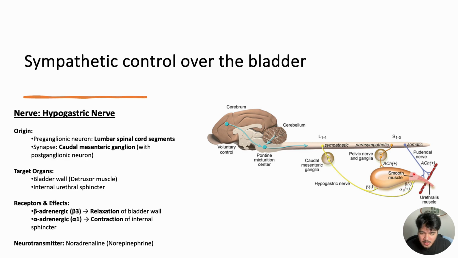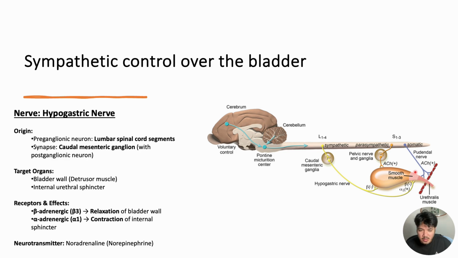And we talked about this previously. The target organs tend to be smooth organs, and so the bladder wall and the internal urethral sphincter have smooth muscles. The receptor type is a little bit different, so you have beta 3 that's found in your bladder wall, and alpha 1, which is found in your internal urethral sphincter.